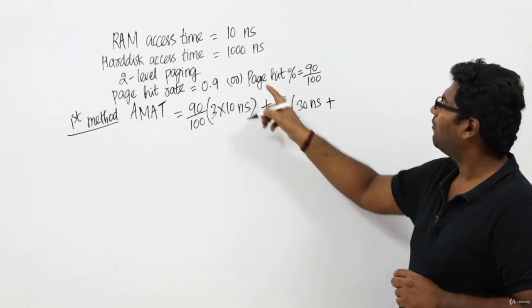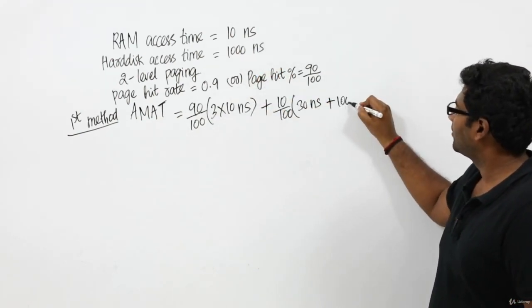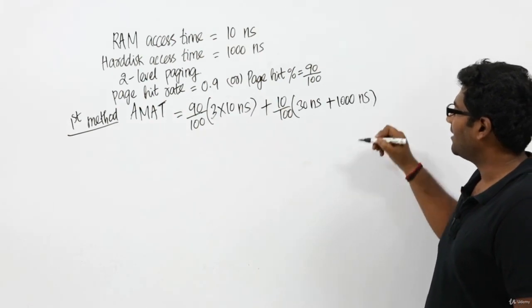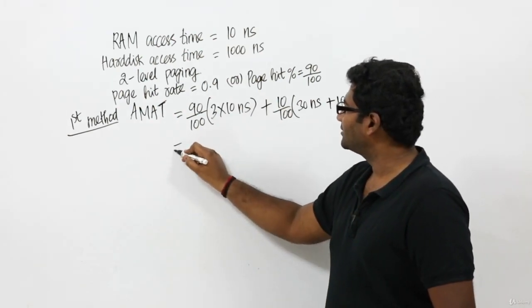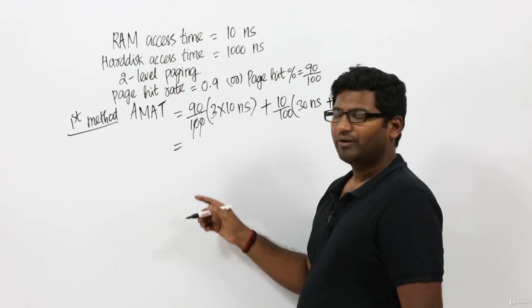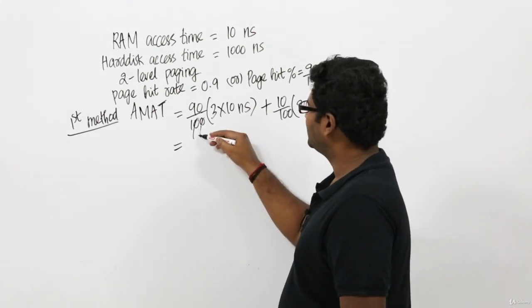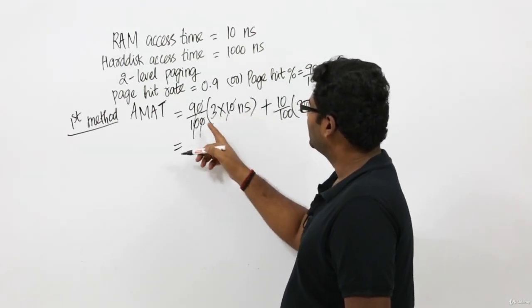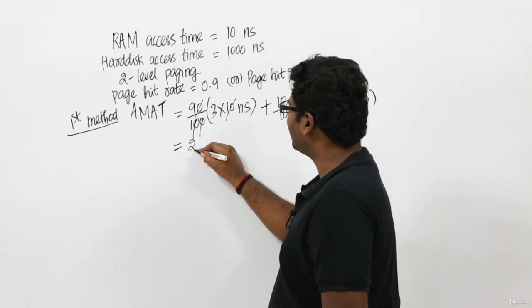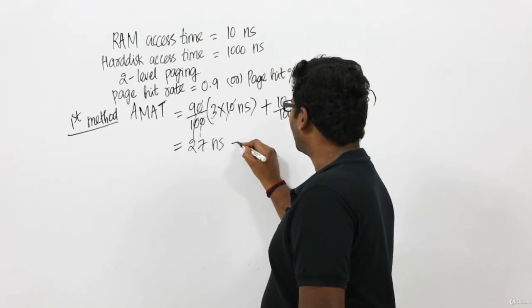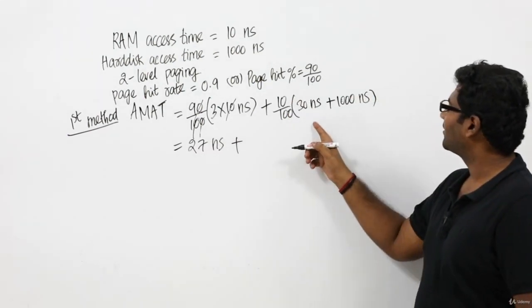Also, I am going to have one hard disk access, 1000 nanoseconds, right? So in case I simplify this, what will happen? I am going to cancel both the zeros. So 9 into 3 is 27 nanoseconds. Fine. Now what will happen here?